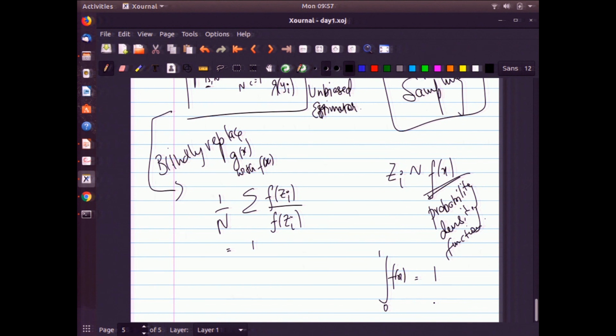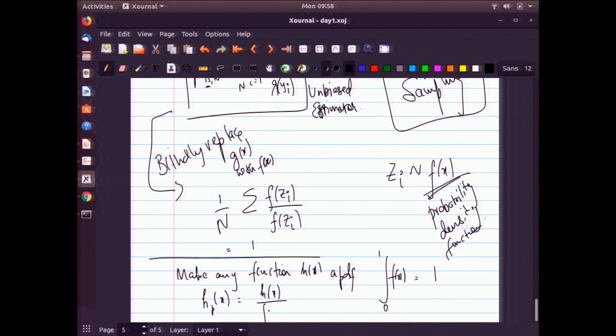So if f of x did not integrate to 1, then you can make any function h of x a PDF. All you have to do is construct hp of x equals h of x divided by the integral of h of x, from 0 to 1.